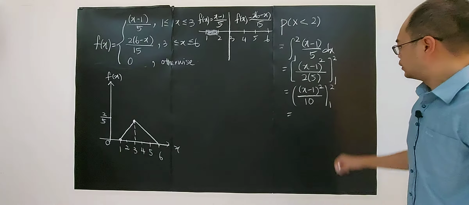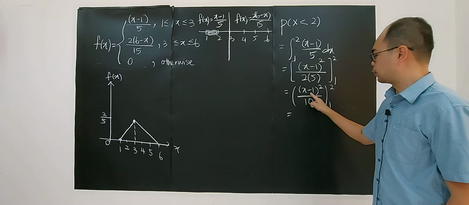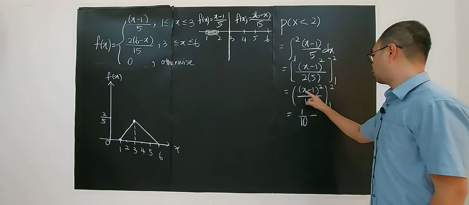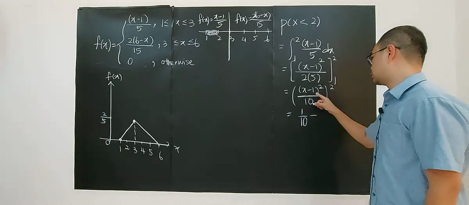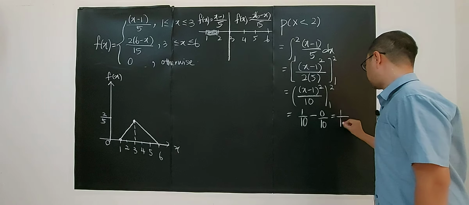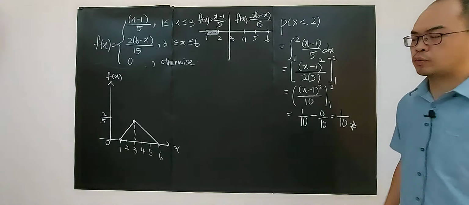You put 2: 2 minus 1 is 1, 1 squared over 10 is 1 over 10. Minus, 1 minus 1 is 0, 0 squared over 10 is 0. So the probability of x less than 2 will be 1 over 10.